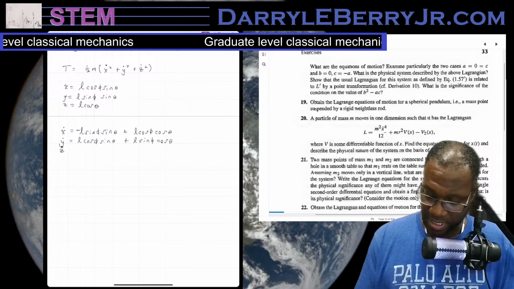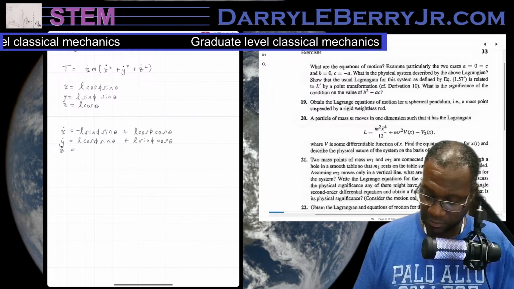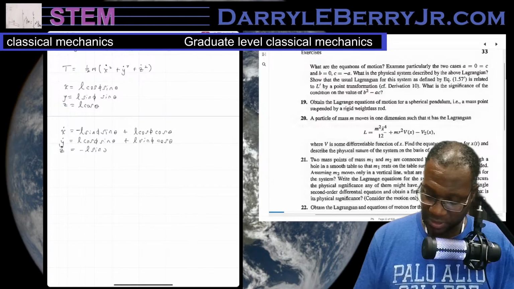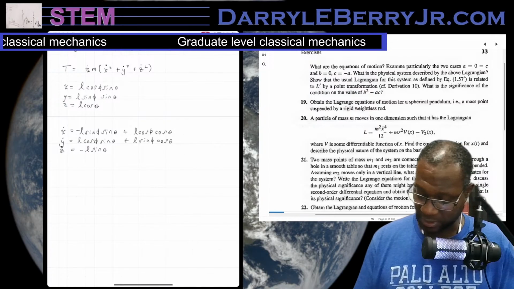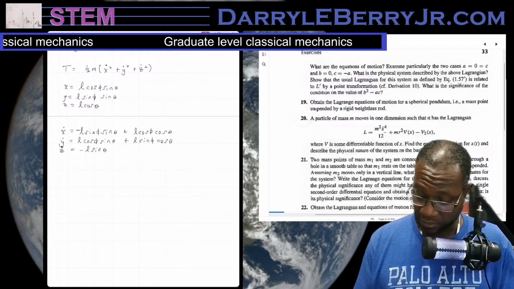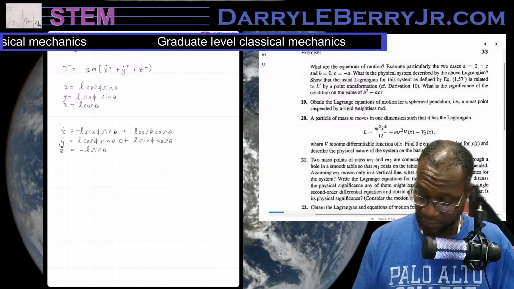And z dot equals negative L sine theta theta dot. Oh crap, hold up, theta changes and phi changes.